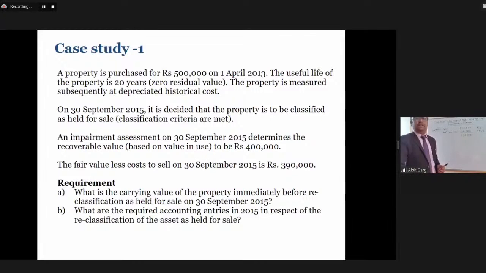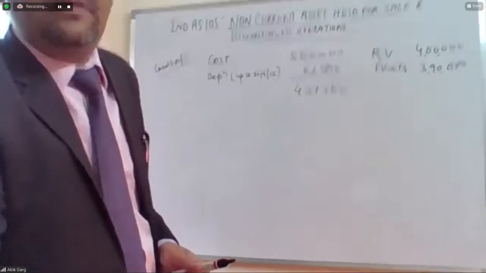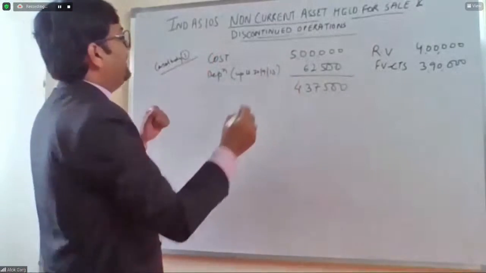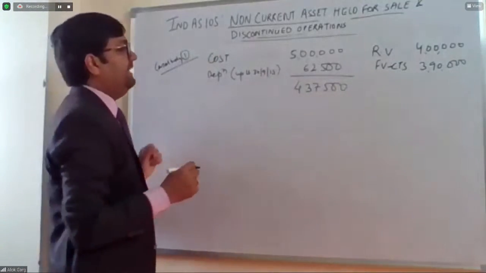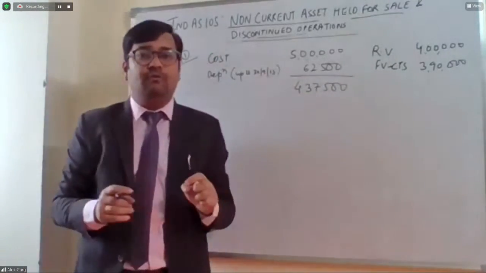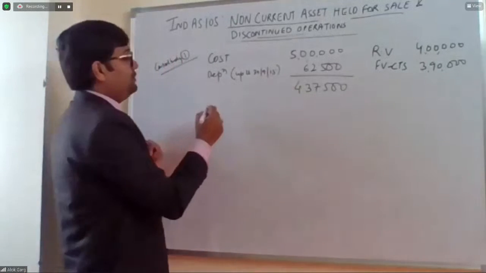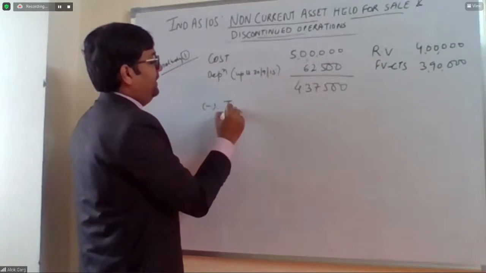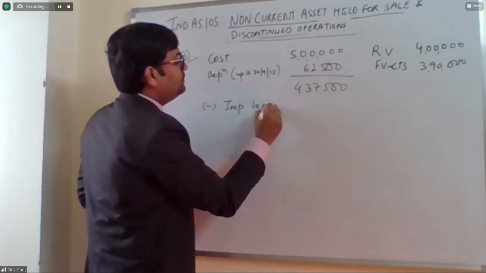So first of all, we need to calculate the carrying value. For calculating the carrying value, we need to do the impairment also, if there is any impairment loss.